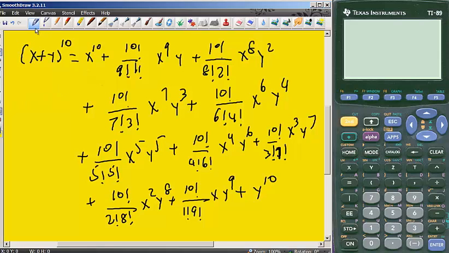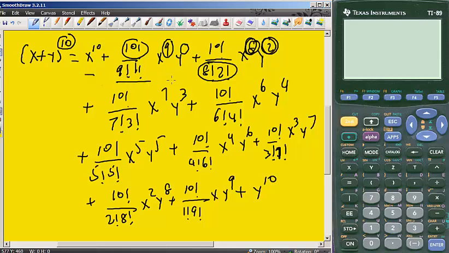Now, here's one of the patterns. The top number is always whatever the power of the binomial is. The power on the x goes down by 1, and the power on the y comes up by 1 each time. And the other thing is, the bottom numbers in the coefficient come directly from the powers.